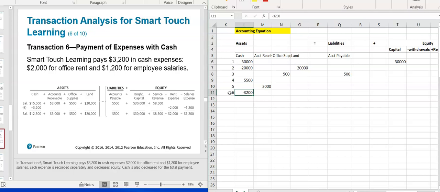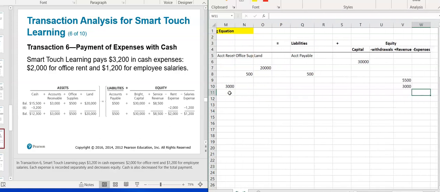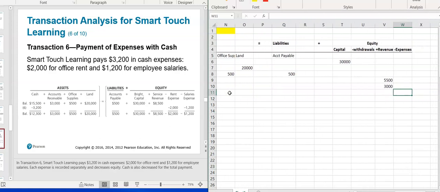And then office rent and salaries are both expenses, so I'm going to come over here under equity, and I'm going to have minus $2,000 because it decreases equity, and I'm going to keep it in one column, and I'm just going to put rent expense over here. And then I'm also going to have minus $1,200 for salary expense.